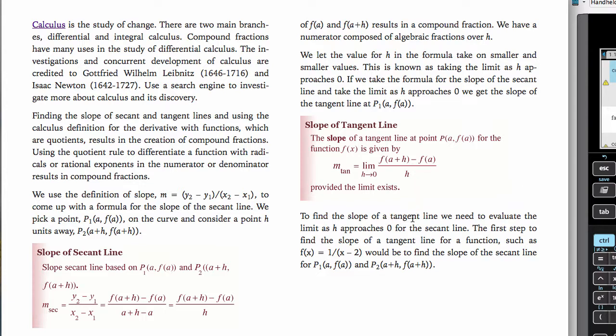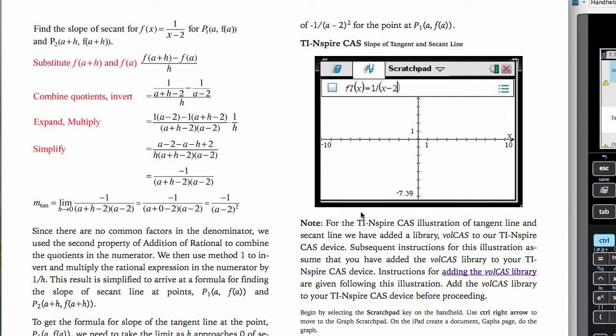To find the slope of a tangent line, we need to evaluate the limit as h approaches 0 for the secant line. So if we had a function like f of x equals 1 over x minus 2, we need to find the slope of the secant line first, for the points (a, f of a) and (a plus h, f of a plus h). Let's take a look at this on the next page.